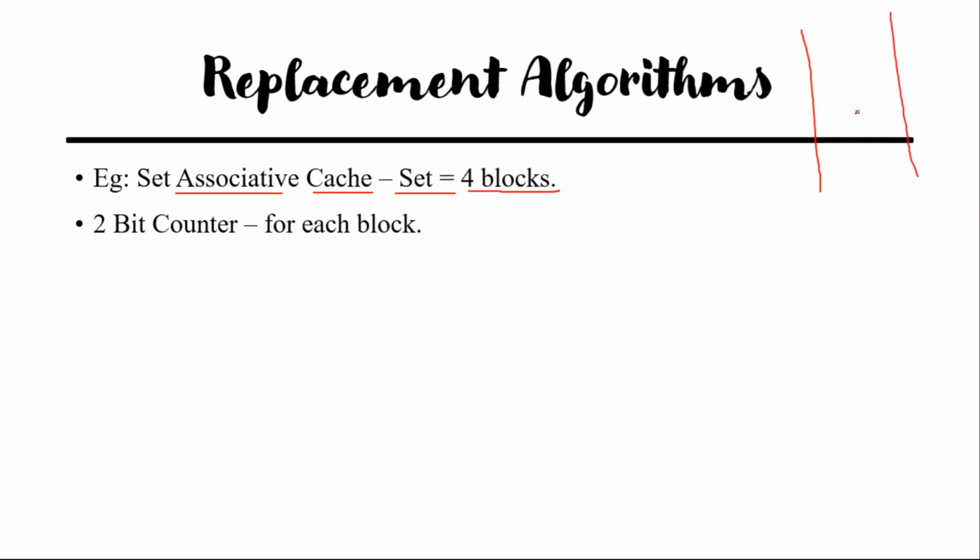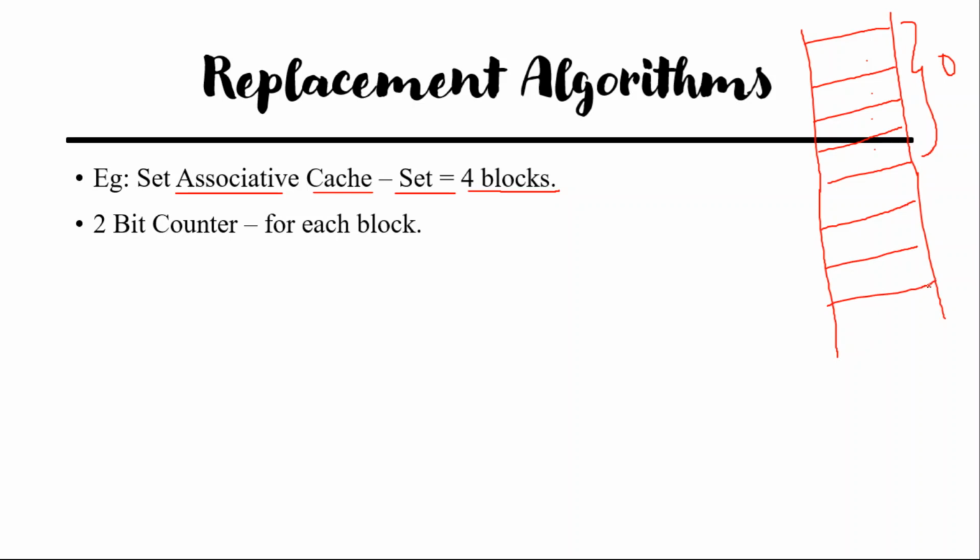Say this is one set, set 0, and it has 4 blocks: block 0, block 1, block 2, block 3. Like that there may be another set, which may have another 4 blocks.